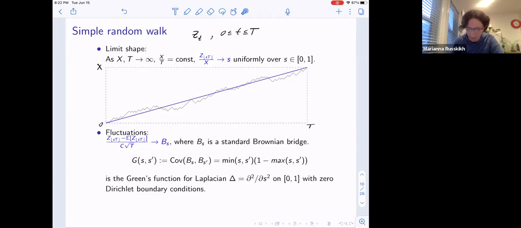In particular, the covariance computed at two points s and s prime converges to the covariance of a standard Brownian bridge, which is given by the Green's function for the Laplace operator on the 0-1 interval with zero Dirichlet boundary conditions. So here is an example to have in mind.